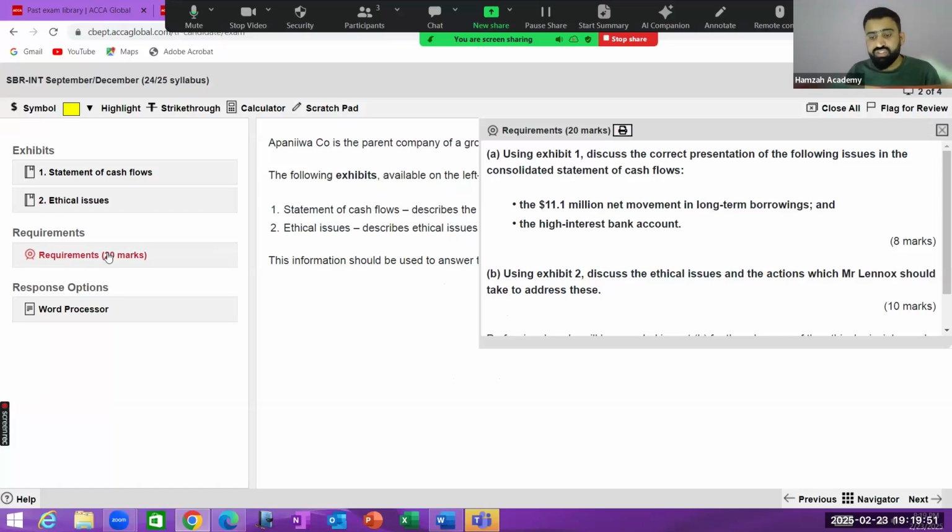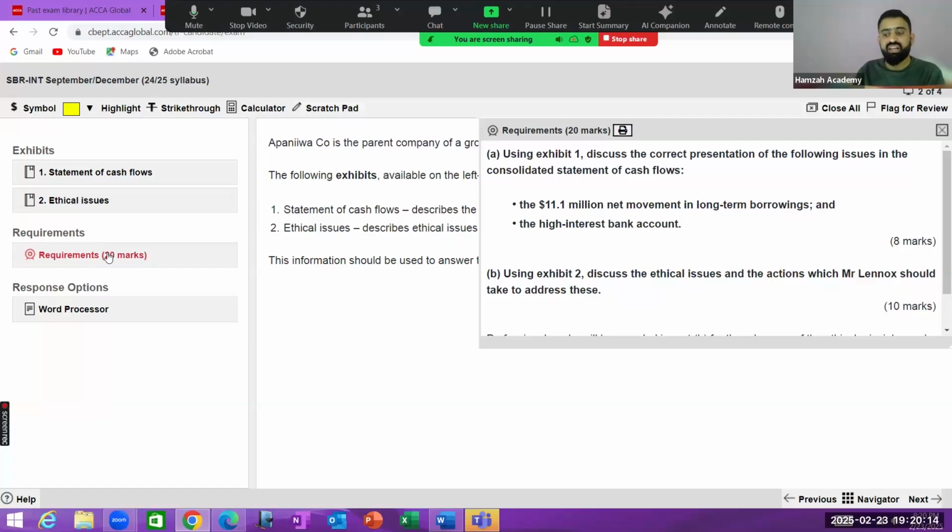Here, for example: using exhibit 1, discuss the correct presentation of the following issue in a consolidated statement of cash flow. There are some specific requirements related to an accounting issue, IAS 7 cash flow. And then exhibit 2: discuss the ethical issue and the action which Mr. Lennox should take to address these.